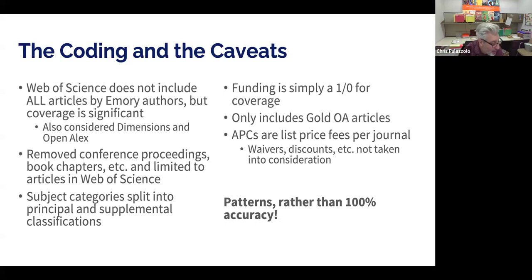So this is where I put this little thing in bold at the bottom here as the big caveat. We're really looking at patterns, and we're looking at round figures rather than looking for complete accuracy. So we're not looking for $273,274 as being the gospel of money spent on APCs. That's an estimate. We're also just looking at changes over time, and getting a picture.